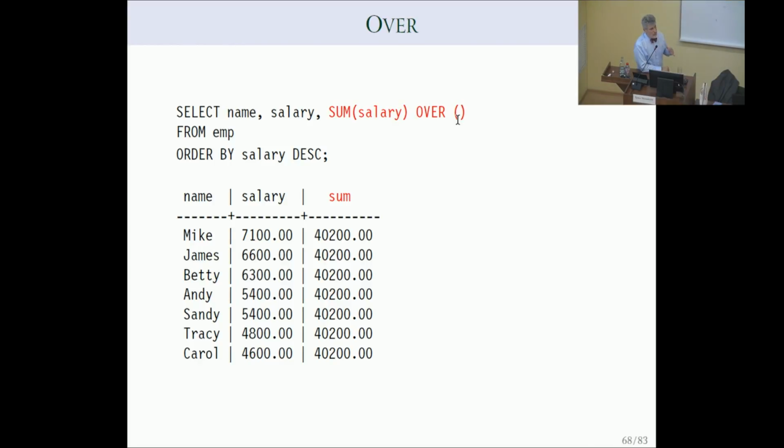The way window functions work is that they basically process the result, and then a separate stage computes the window function on the result. So it's a separate stage that happens after the query.